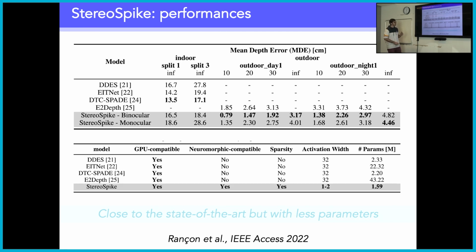And just a small detail, but which I think is of importance: we tested StereoSpike under binocular and monocular viewing, so with only the data captured by one camera or two cameras. And of course, with two cameras, it's a little bit better because in this case, you can use the stereoscopic information.